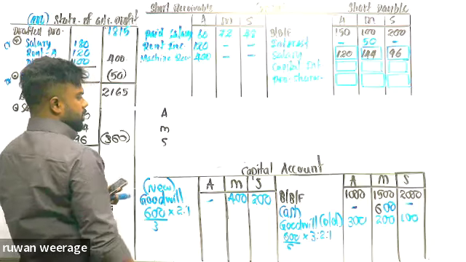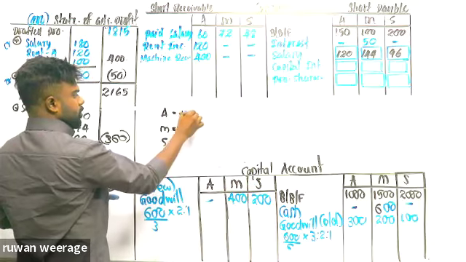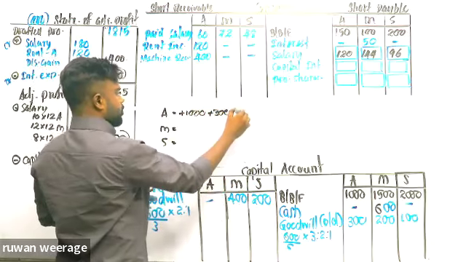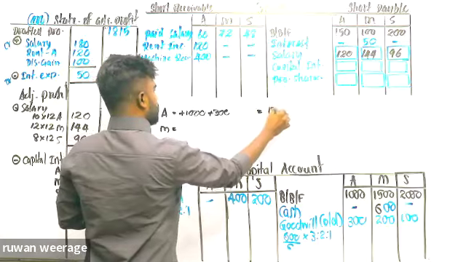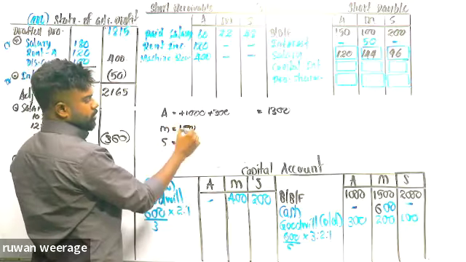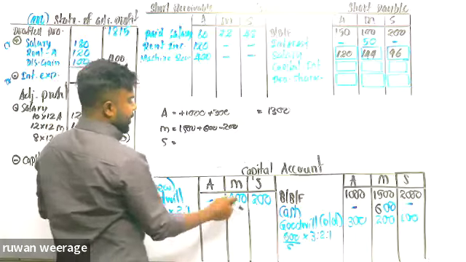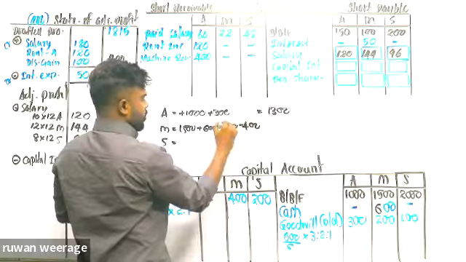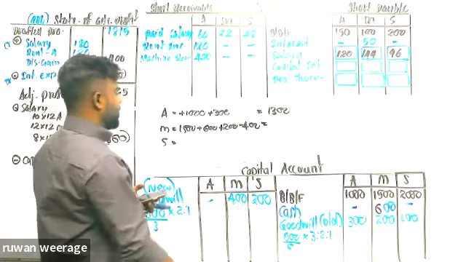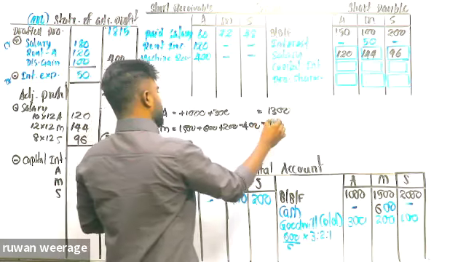Closing balance here credit 1000 plus 300, here no balance, how much, 1300. Here credit 1500, 600, 200. Here debit means minus. Is it 1900?